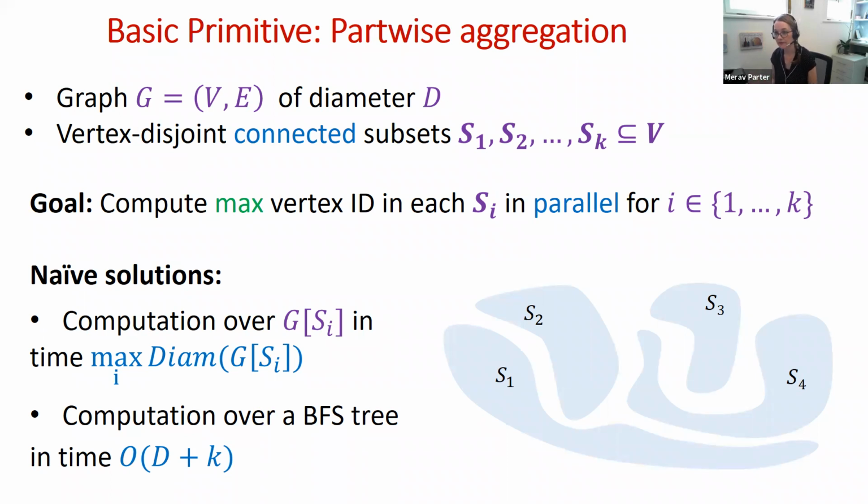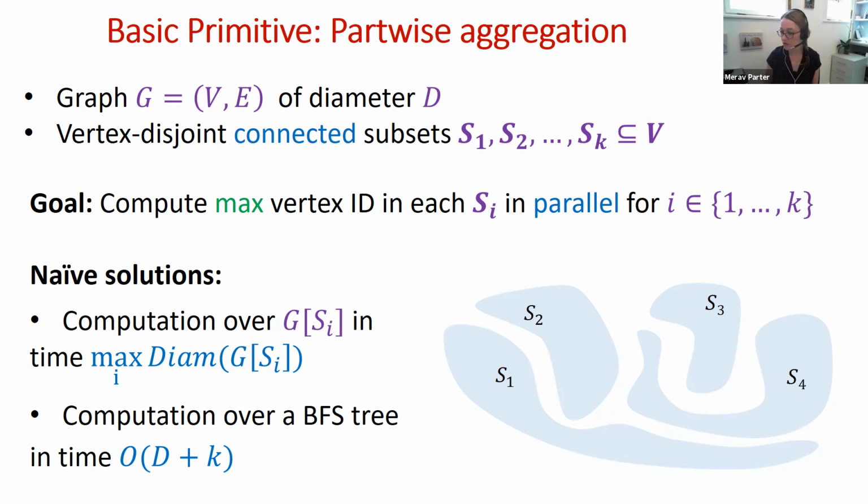These subsets are vertex disjoint, and in addition, the induced graph G[Si] on every subset is connected. The goal is to compute some aggregate function in each of these parts in parallel. For example, all nodes in Si should learn the max vertex ID in Si, but this should be done for S1 to Sk in parallel.